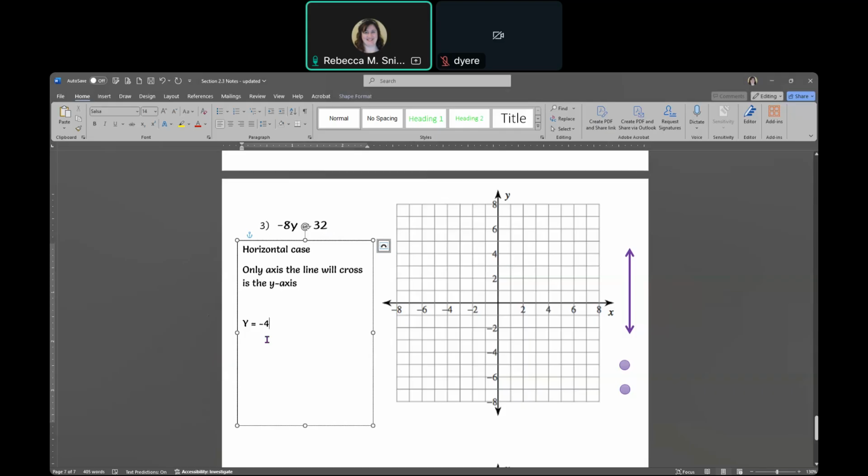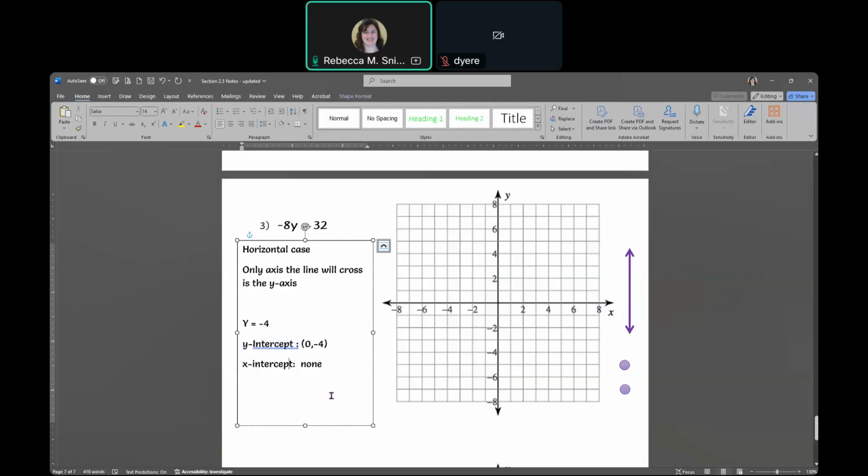And this is going to give you your intercept. My y-intercept is going to be the point (0, -4). And it also means that my x-intercept is none because I did not have an x value.